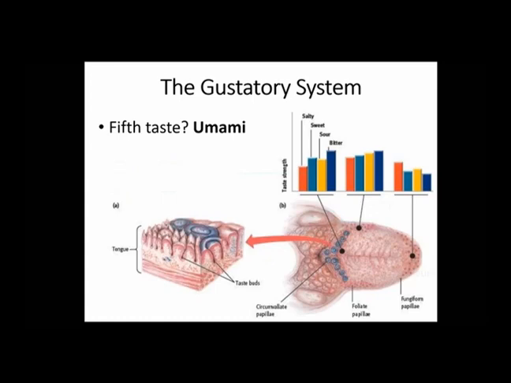Even though we have different sensitivities on different parts of our tongue, so the tip of our tongue seems to be a lot better at getting salty, it doesn't mean that it can't pick up those other tastes. We can still taste if something is bitter or sour or sweet at the tip of our tongue. We're just better at tasting salty there.